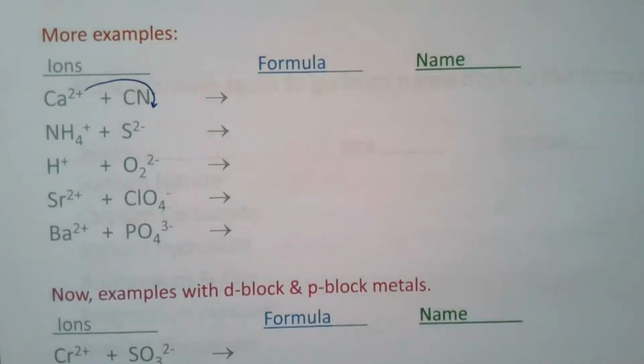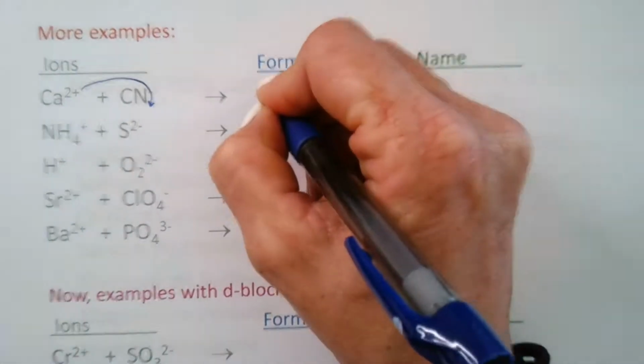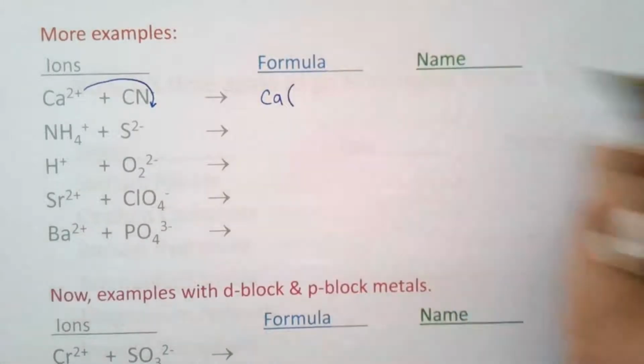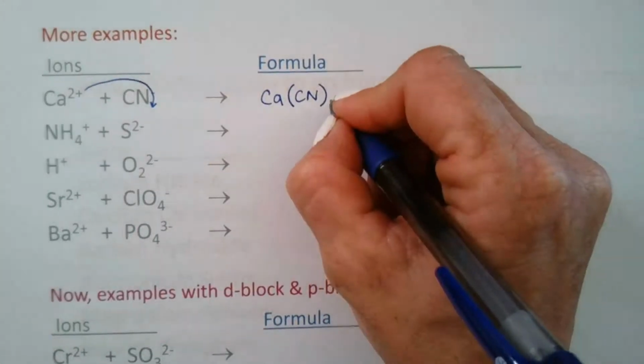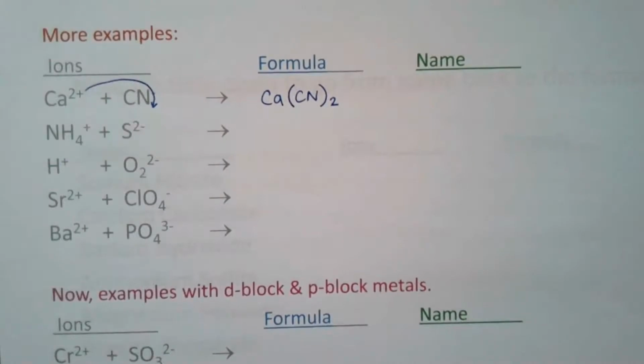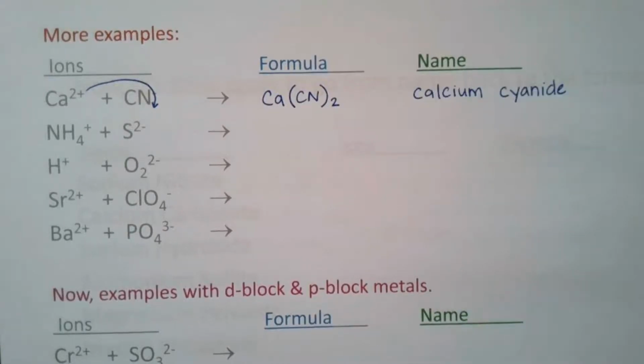So we're going to have Ca and then parentheses to protect the CN, and then on the outside of that, we'll put the 2. Ca(CN)2. And the naming is the easy part on these ones. The name for this is calcium cyanide. Calcium cyanide.